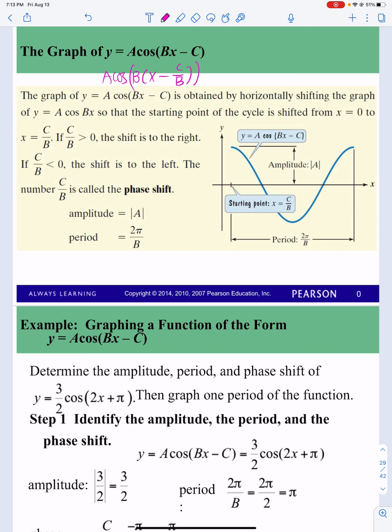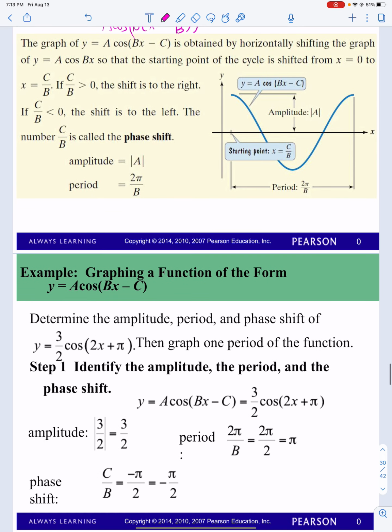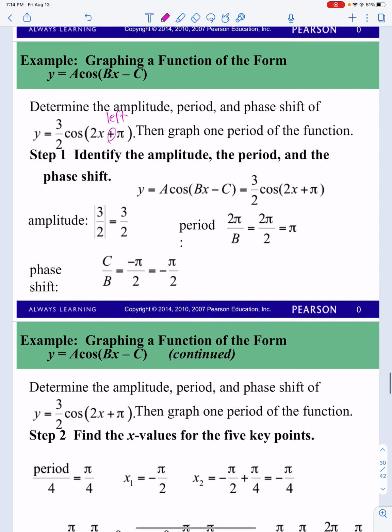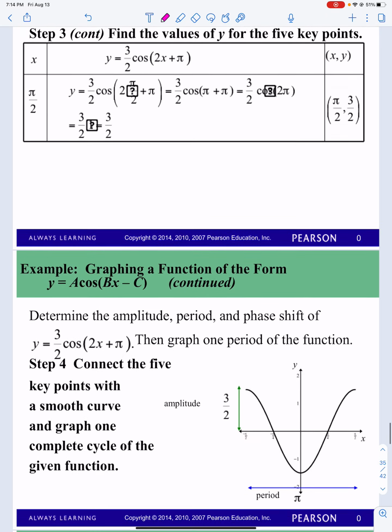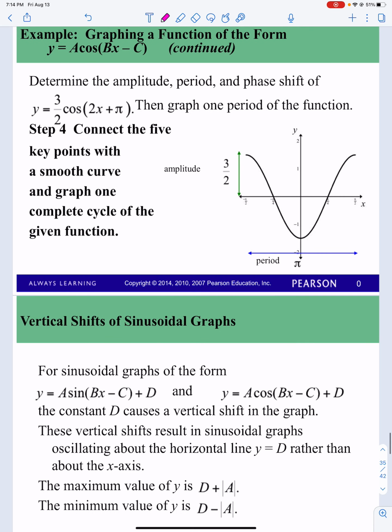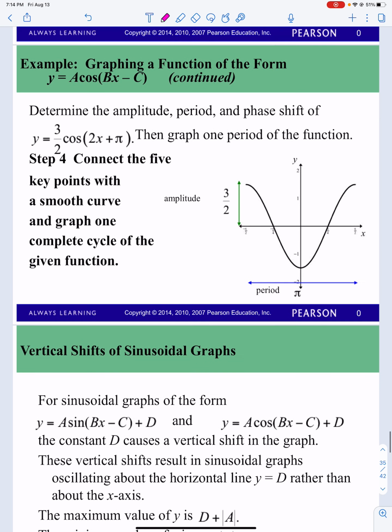And you can also remember, if it's plus, what do you want? Left. And if you have minus, what happens? Right. So then you will do all these things again and then do the shift. You can get the answer.